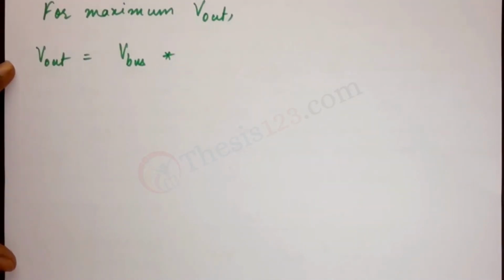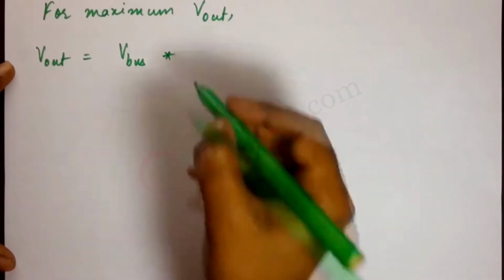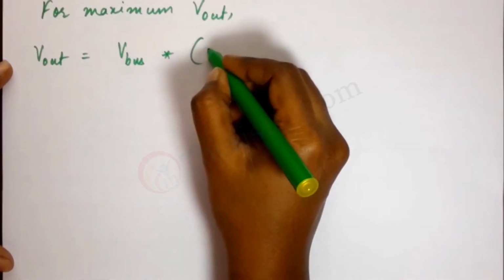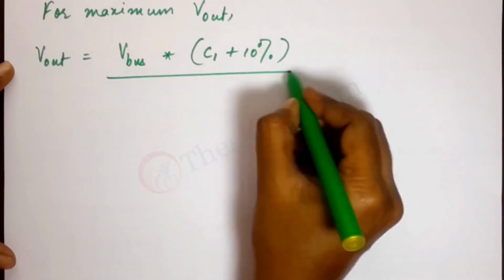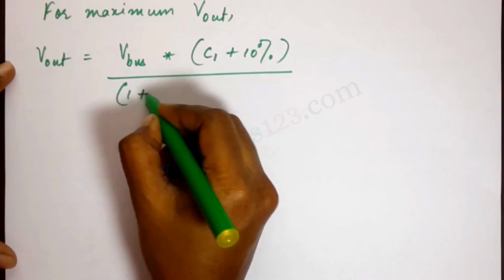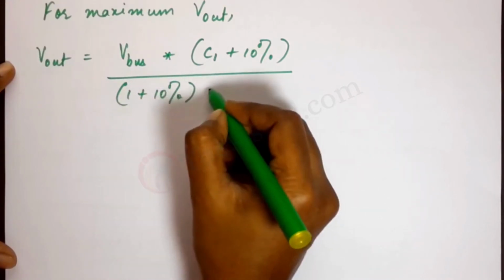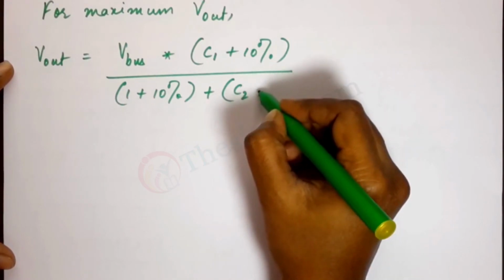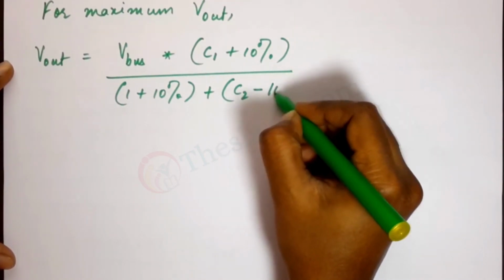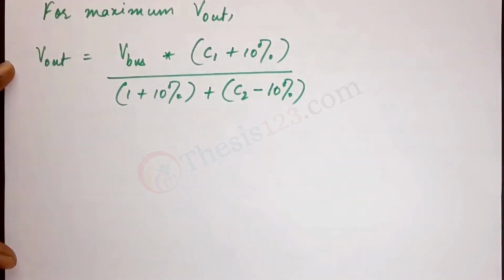Like we discussed earlier, C1 will have a higher tolerance, so that's C1 plus 10% divided by C1 plus 10%. In this case, C2 will have the least tolerance, so that's minus 10%.